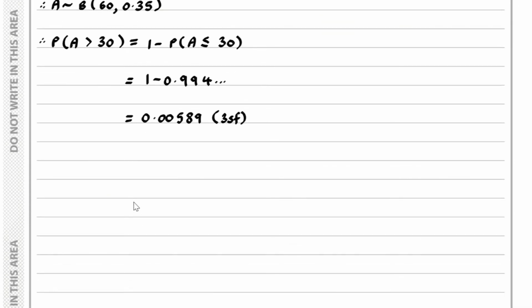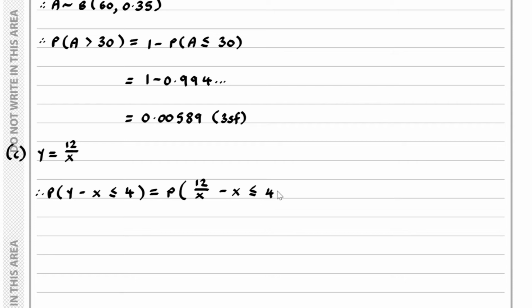So, we know that Y is equal to 12 over X. And so therefore, the probability that Y minus X is less than or equal to 4 is the same as the probability that 12 over X minus X is less than or equal to 4.